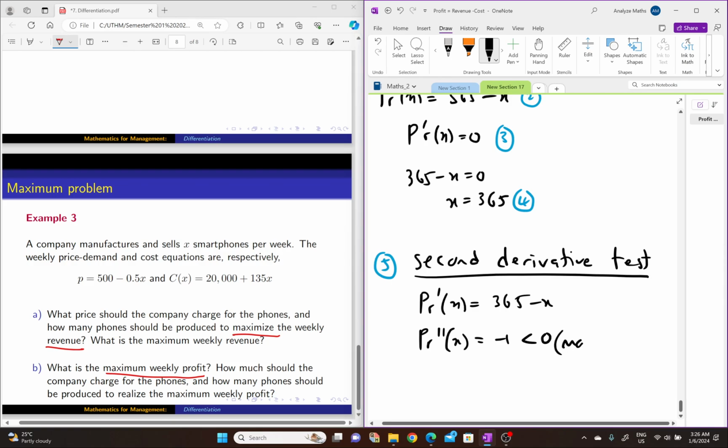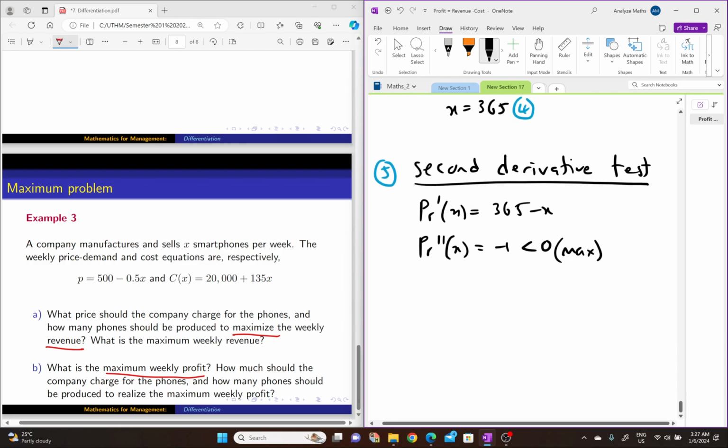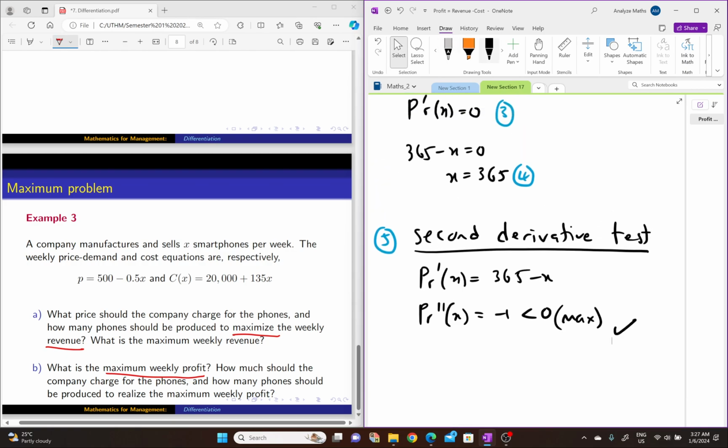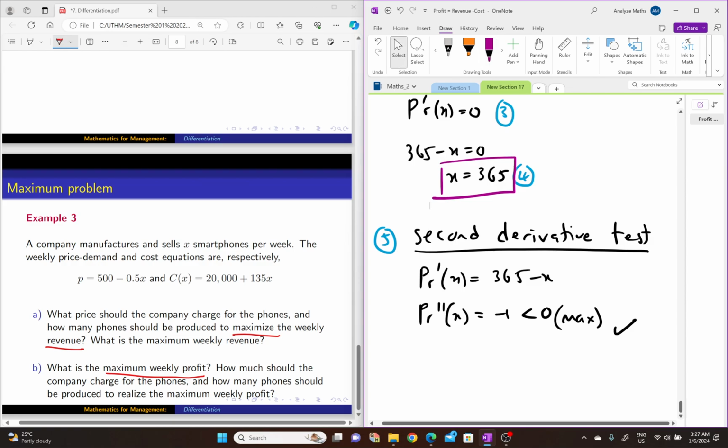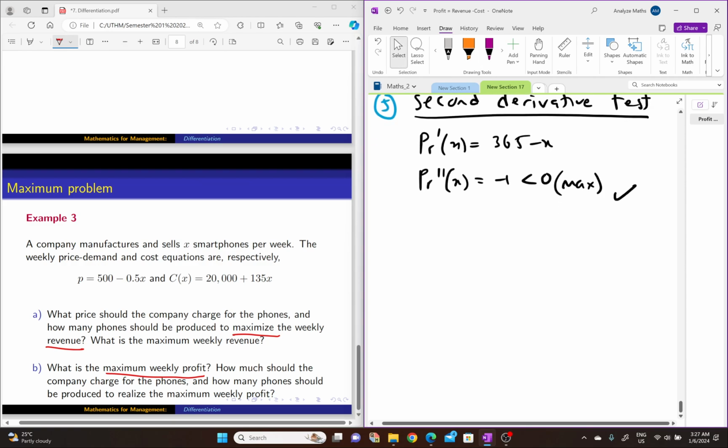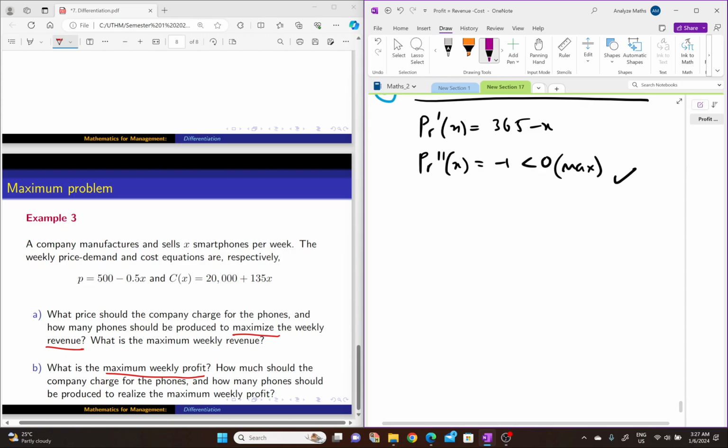You get negative. This is maximum. So we have proven that x equals 365 gives a maximum profit. Now let us answer the question. When x equals 365, how much should the company charge for the phone price?